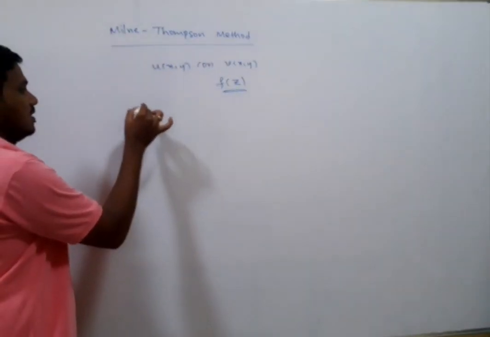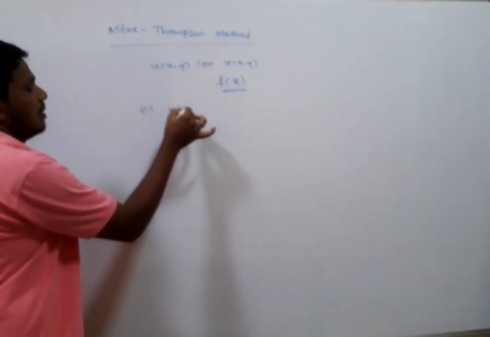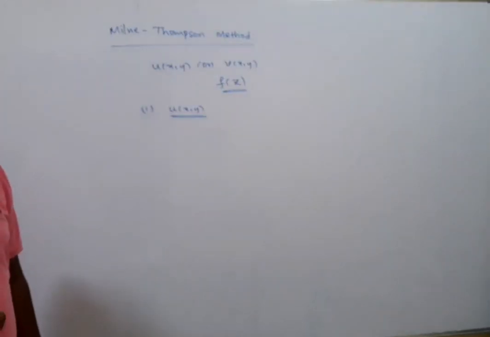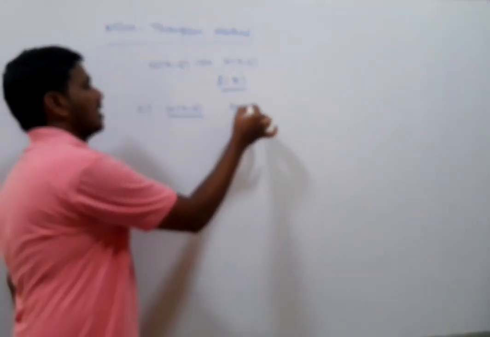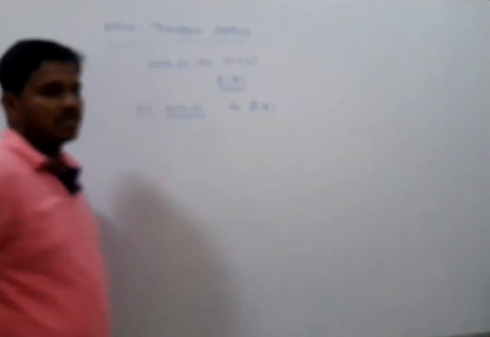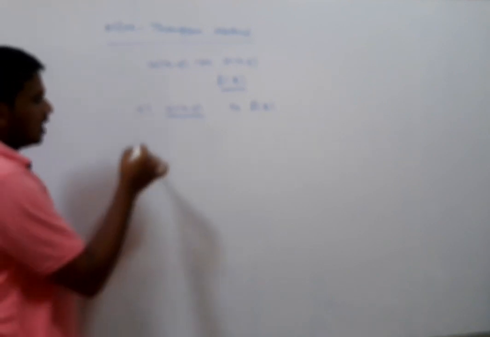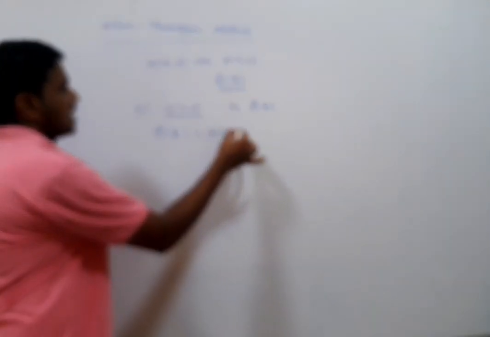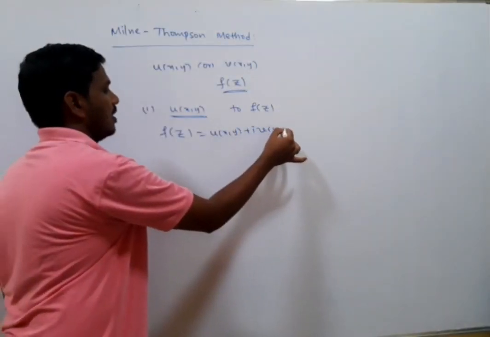Suppose, first case, u of x comma y is given. Then we find the corresponding function f of z. You know that f of z is equal to, generally the standard form, u of x comma y plus i v of x comma y.